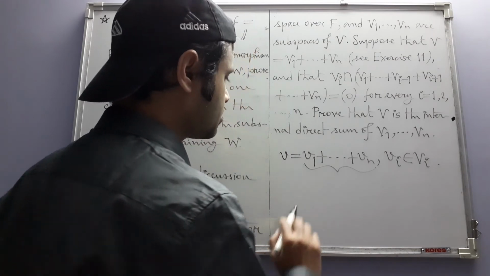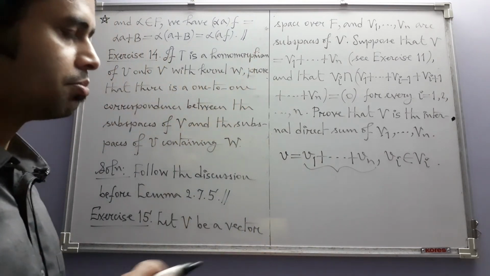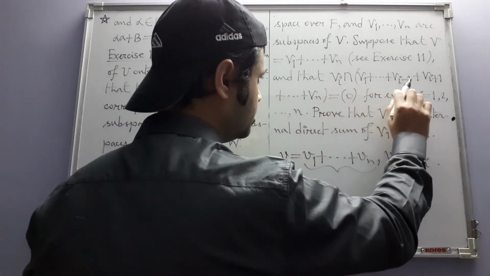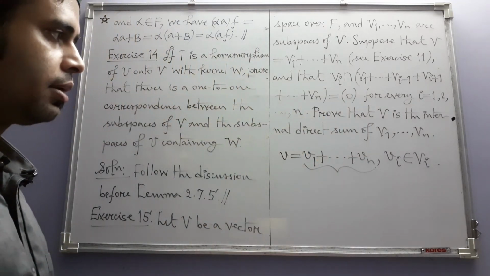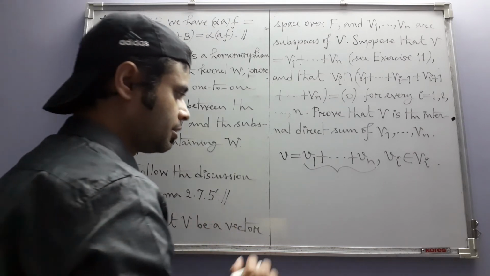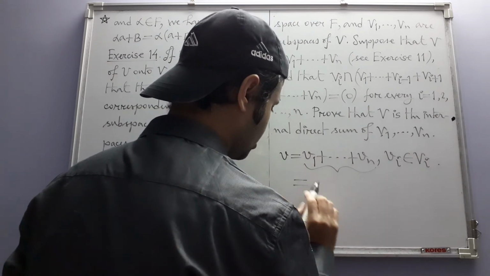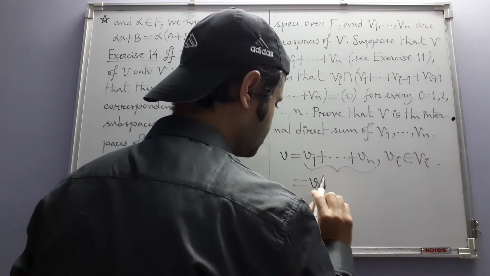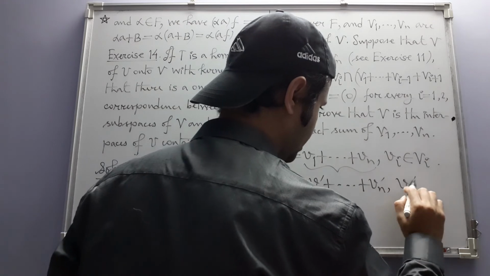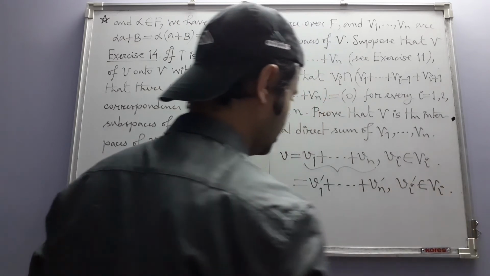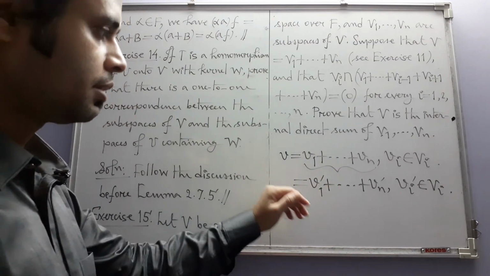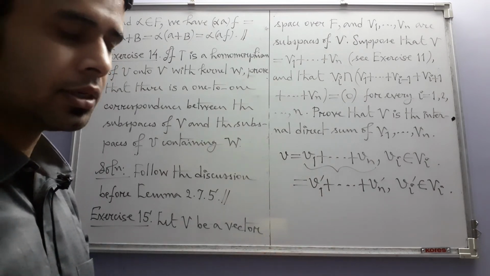To prove this uniqueness, you consider two such representations. Assume that they are equal and then use these conditions to show that actually the two expressions are identical. That is, if besides this expression you also assume v to be expressible in this form, where each vi prime belongs to Vi, you will then have to show that v1 is equal to v1 prime, v2 is equal to v2 prime. That is, the two expressions are identical.